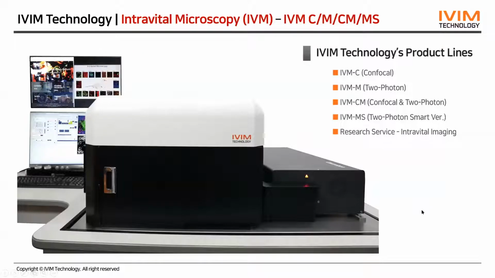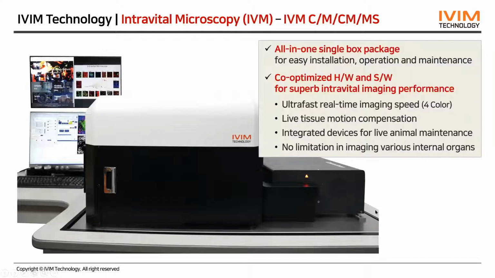So all these images and live videos in a live animal model were obtained using the IVIM Technology IntraVital Microscopy series. It can perform either confocal imaging or two-photon imaging or both of them in the live animal model.